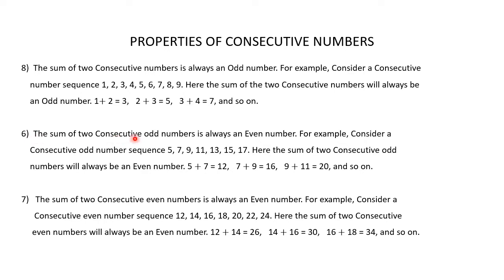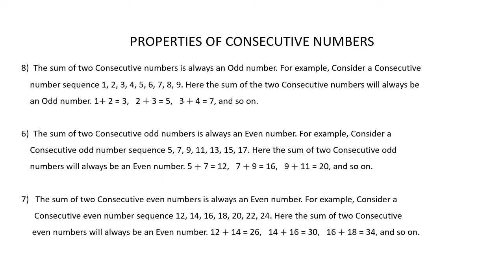The sum of two consecutive odd numbers is always an even number. For example, consider a consecutive odd number sequence 5, 7, 9, 11, 13, 15, 17. Here, the sum of two consecutive odd numbers will always be an even number.